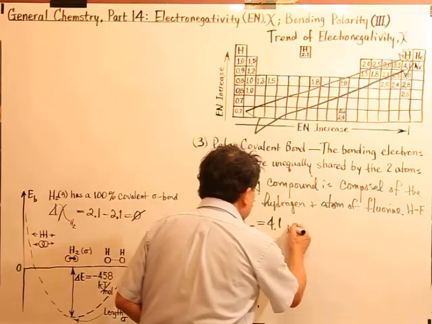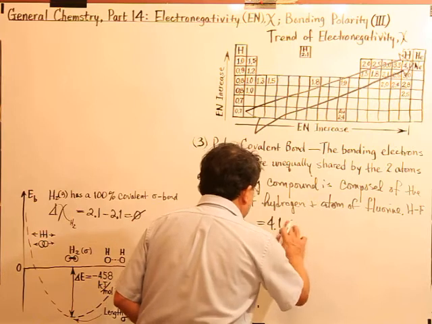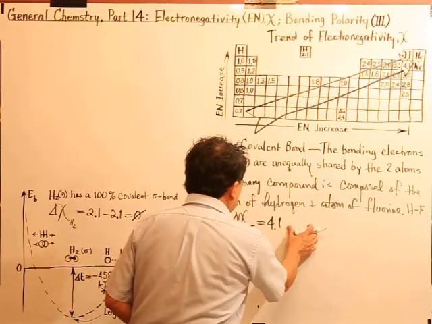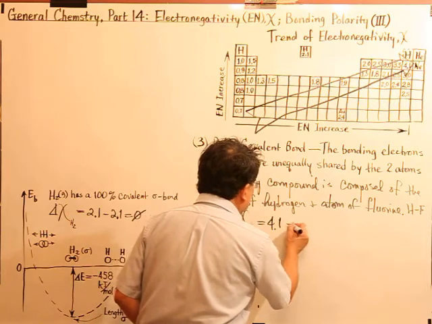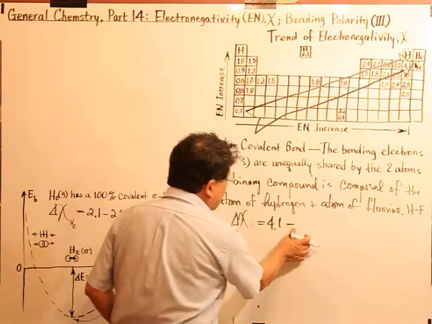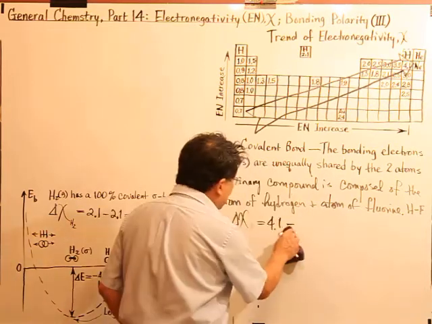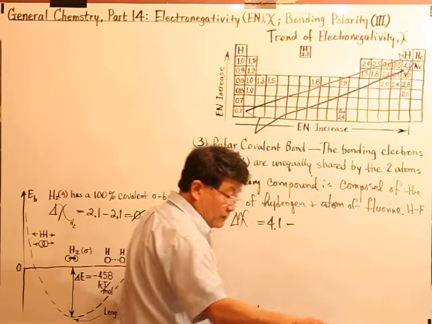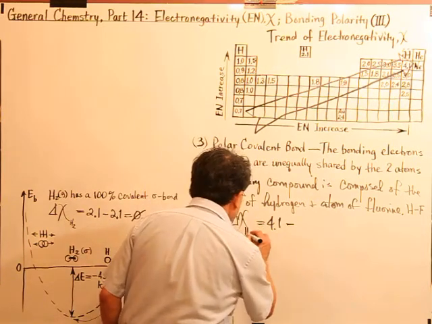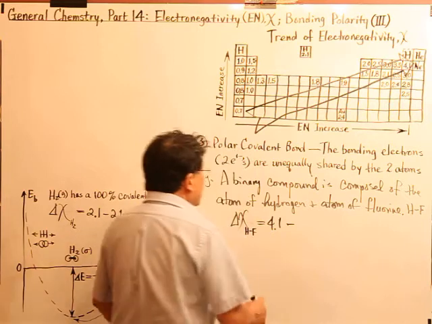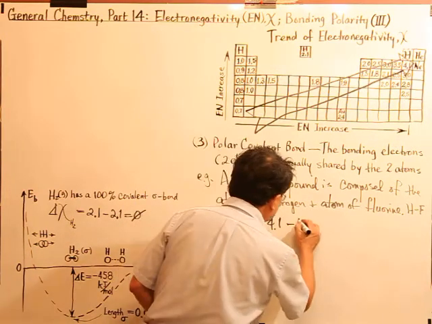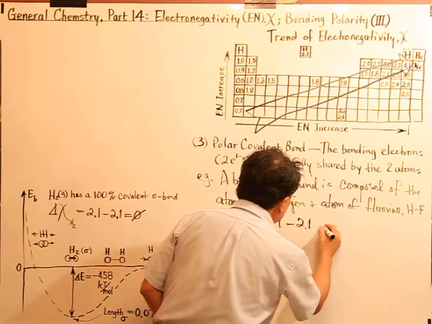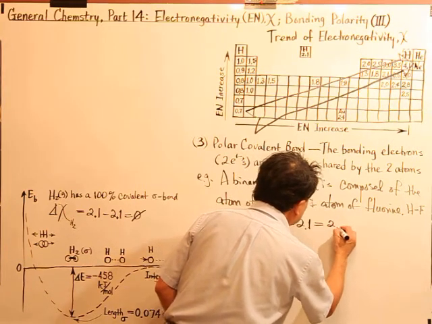I'm old enough. So 4.1, minus the electronegativity value for H, which is 2.1. So the difference is 2.